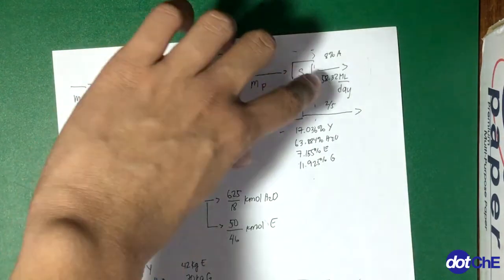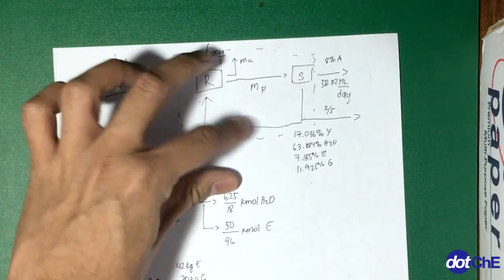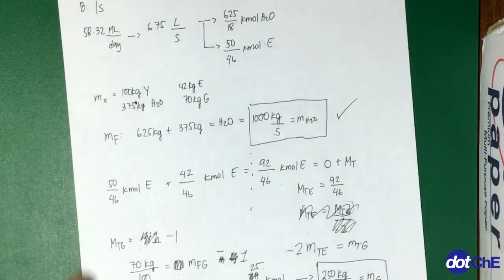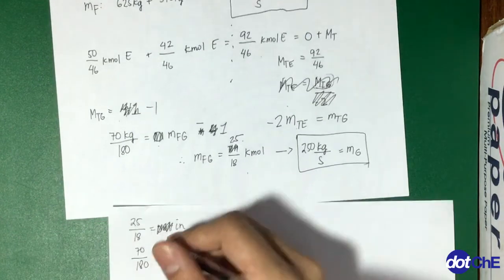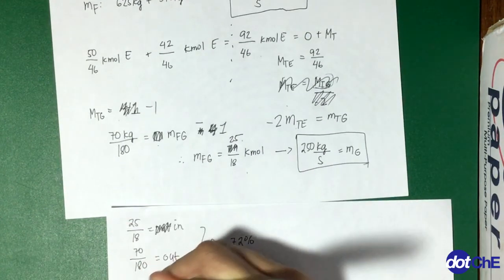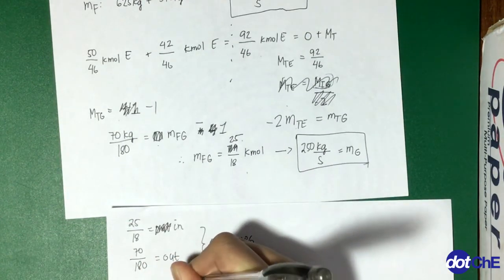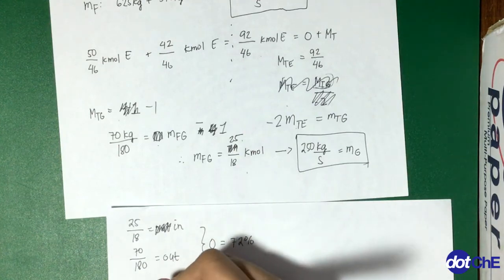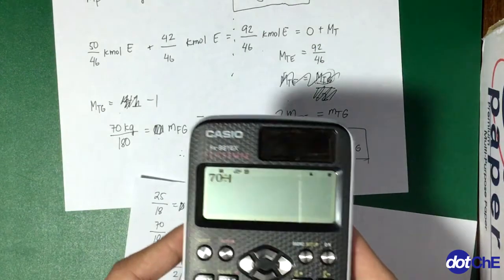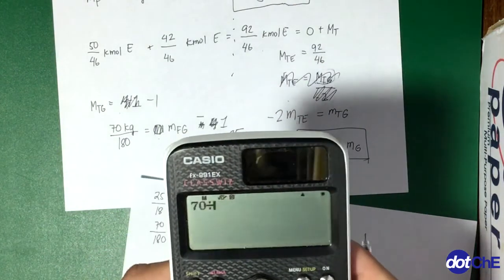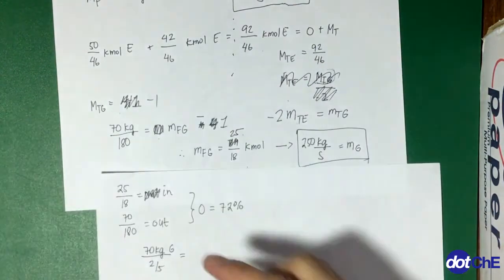So in order to get the glucose of this stream, we just get the glucose here, which is 70 kilograms. So 70 kilograms of glucose, we divide it by 2 divided by 5, which is equal to 175.